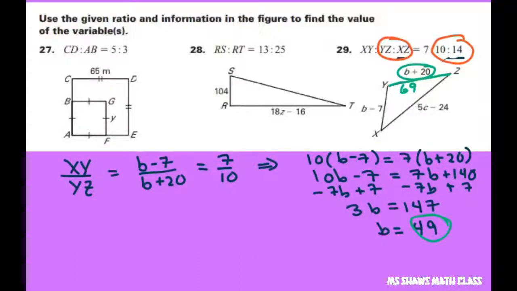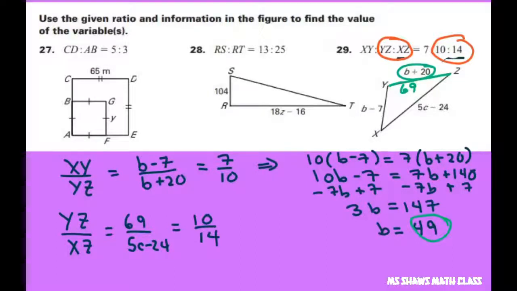And then we can solve for C. So we have YZ to XZ. YZ is 69, and XZ is 5C minus 24, and that equals 10 to 14.